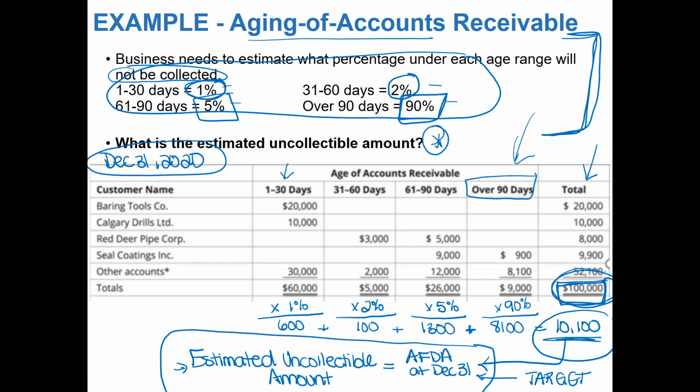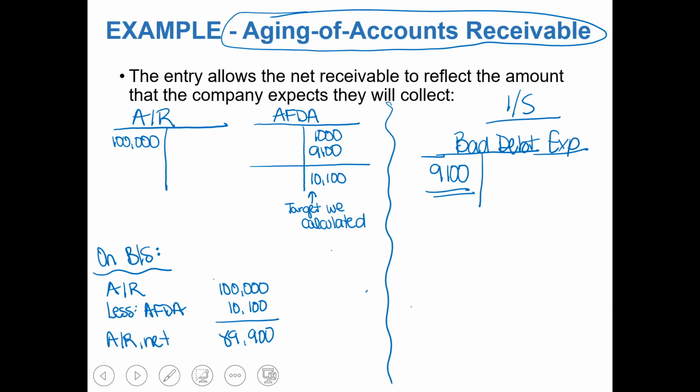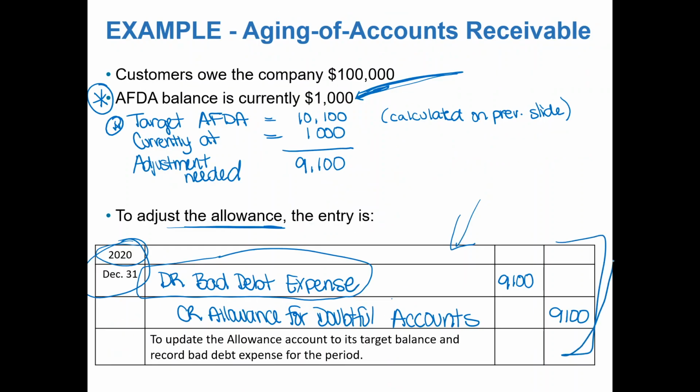You get to the $10,100. But make sure that you're considering what balance is already in allowance for doubtful accounts. Because we calculated the $10,100, but our bad debt expense for the year is only the difference. It's the amount we actually book in the entry. So be careful of that and knowing what the question is asking.